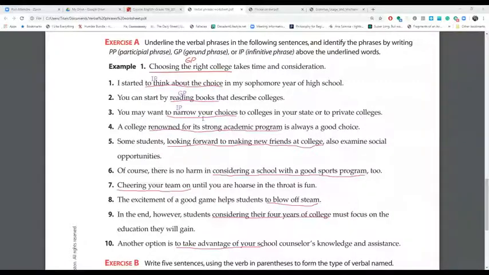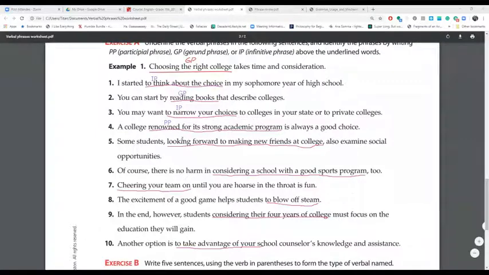Number four, a college renowned for its strong academic program is always a good choice. So this is going to be a past participle phrase. Don't forget, this is one of the easier forms of a participle to notice because you add ed to the end of a verb, not ing.